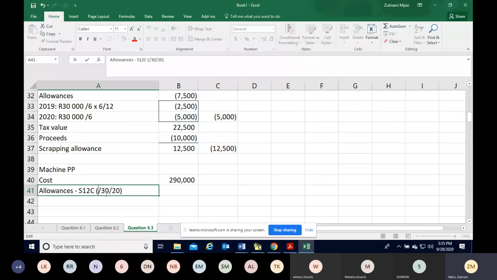Am I doing something right here? Isn't it 40? Let me just quickly look at this allowance. Yeah, it is 50, 30, and 20. Not sure what disturbed me there.